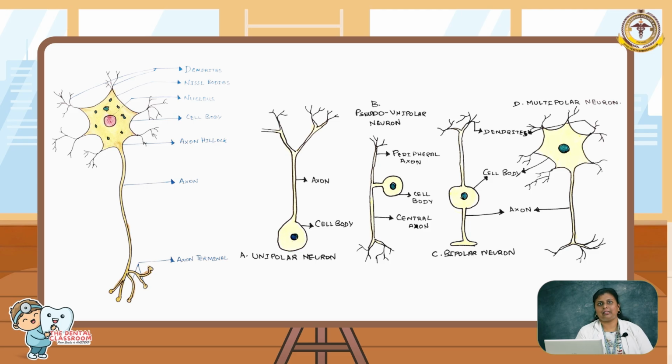So, that is about the functions of the neuron. It carries the sensory information, and it also passes to the target tissues the motor orders from the motor cortex.